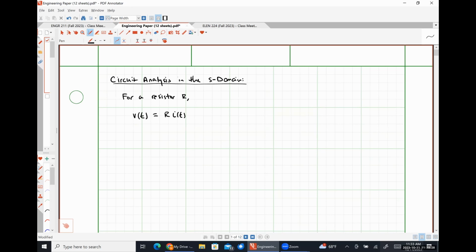Well, I'm going to take the Laplace transform of this thing, right? So the Laplace transform of V of t must be equal to the Laplace transform of R times I of t. R is a constant value, so I'm just scaling that thing, right?